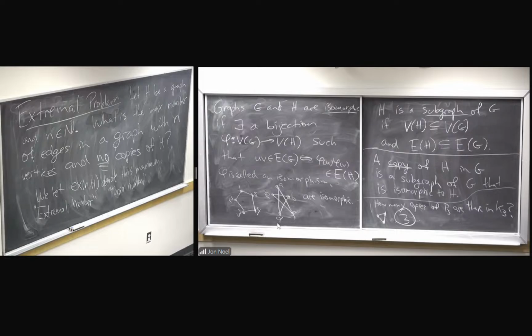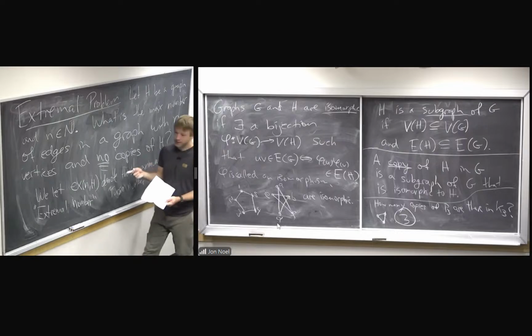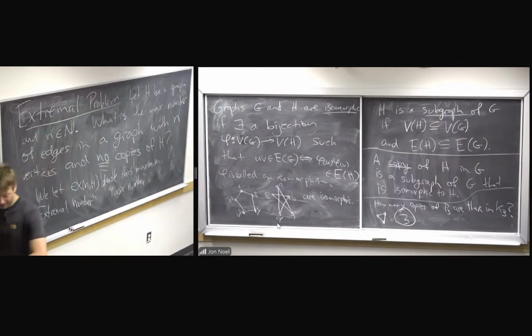Any questions about any of this so far? Okay. So the first thing we're going to prove is the nicest kind of non-trivial case. There are some trivial cases here. If I say H is K2, how many edges can you have without having a copy of K2?